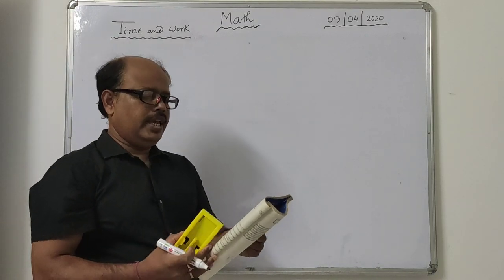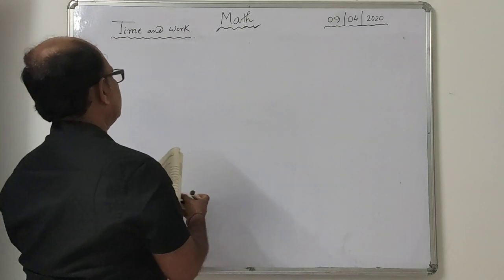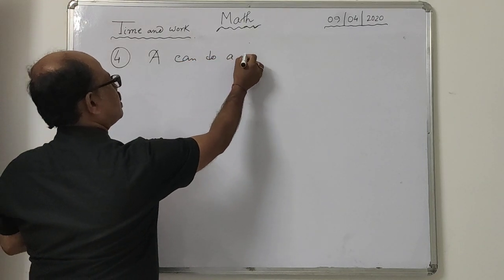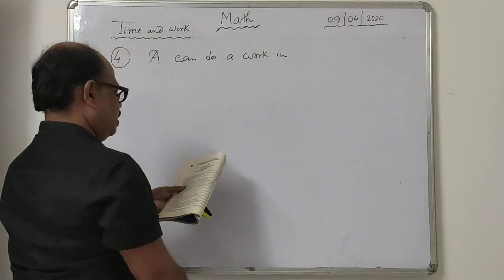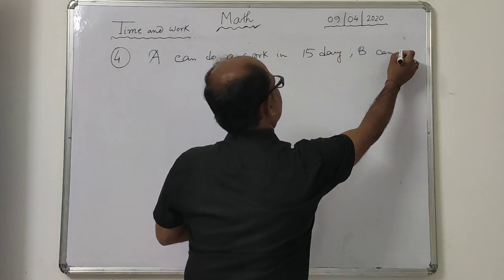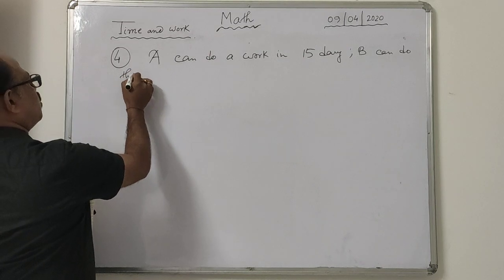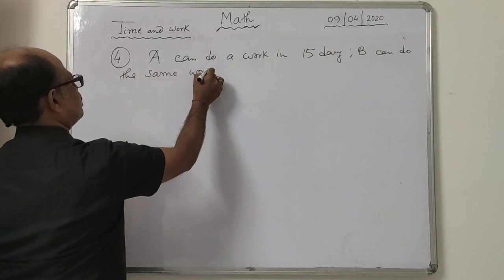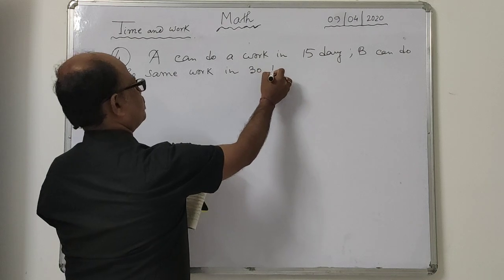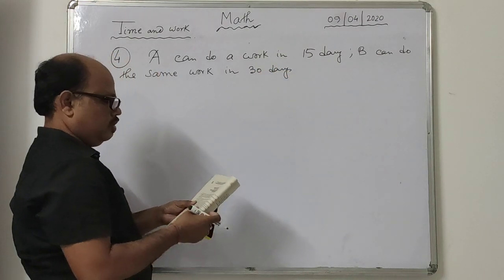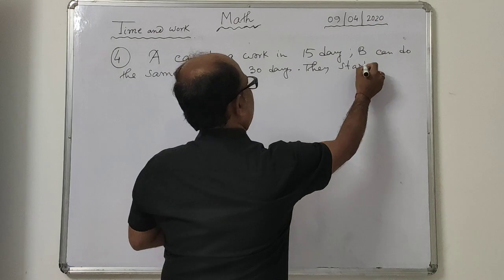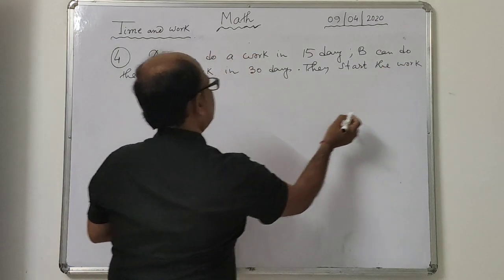The question is, A can do a work in 15 days and B can do the same work in 30 days. They start the work together.